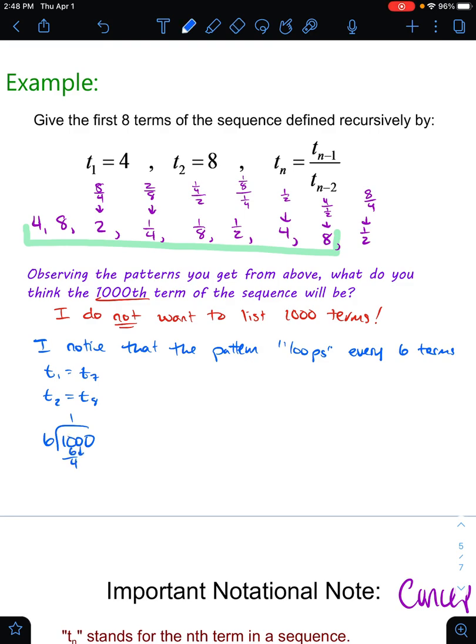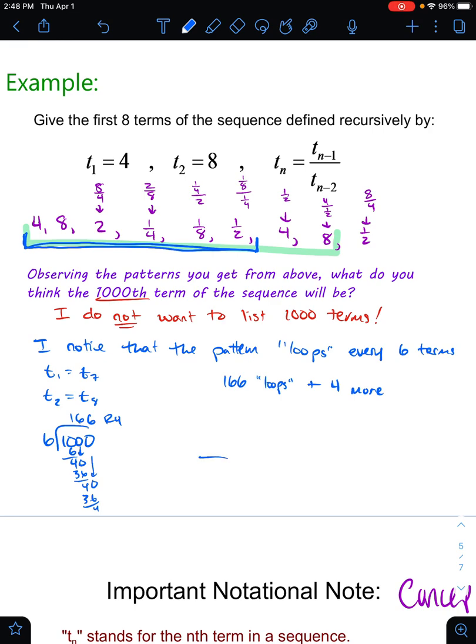That's 6 divided by 4, so 40 goes into 6, 36, 4. And we're going to do that again. So I know that I'm going to have 166 loops around my pattern of these 6 numbers that are just going to keep repeating, plus 4 more.